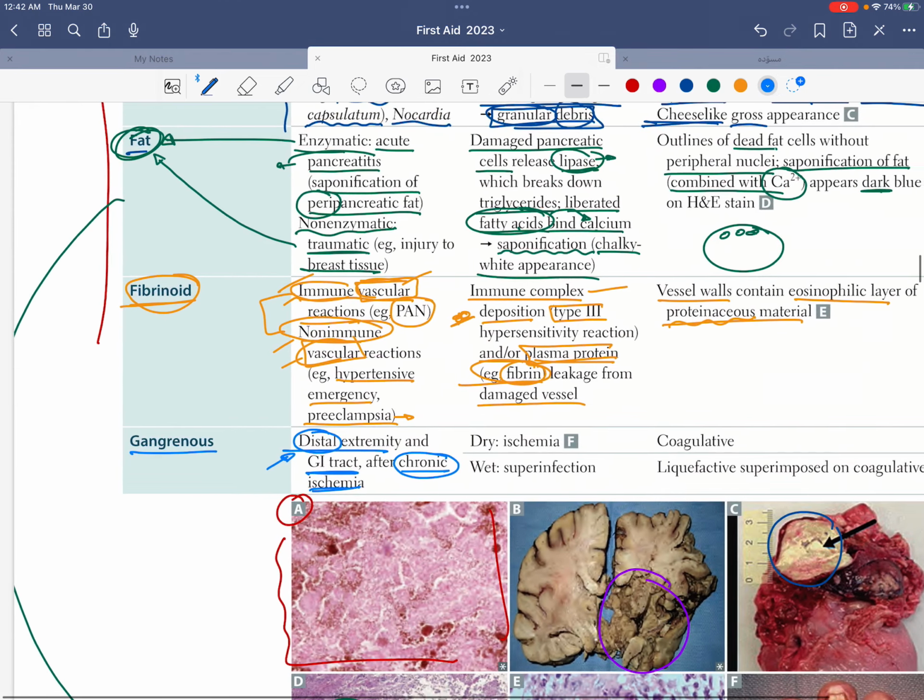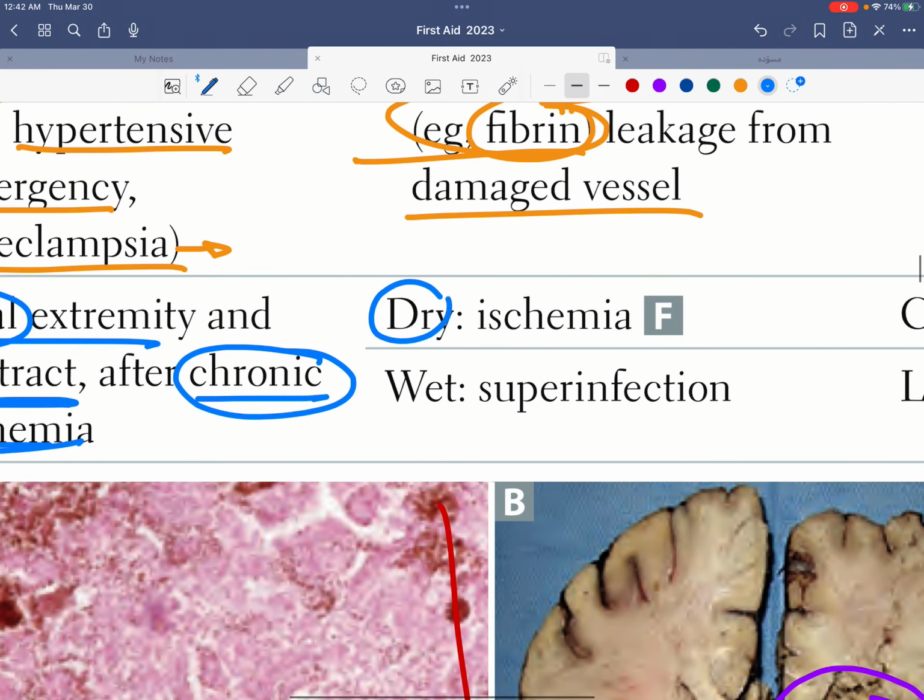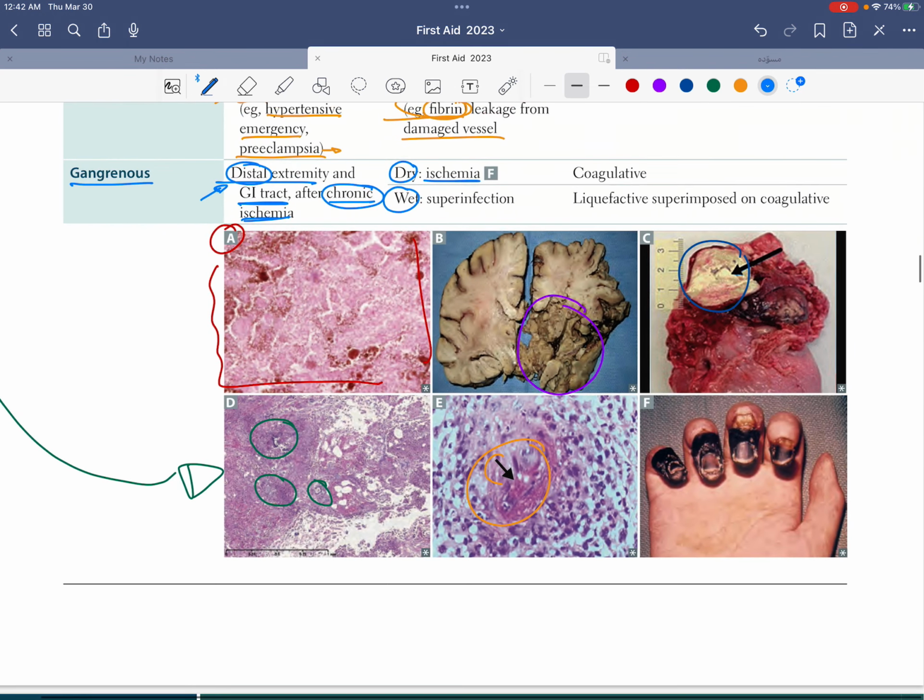So that's gangrenous. It could be one of two types, either dry or wet. For the dry, that's when there is an ischemia, just like F. So if there is an ischemia or extremely cold weather, for people, I don't know, climbing some mountains in the snow, where their fingers don't get enough blood supply, they would develop dry gangrene.